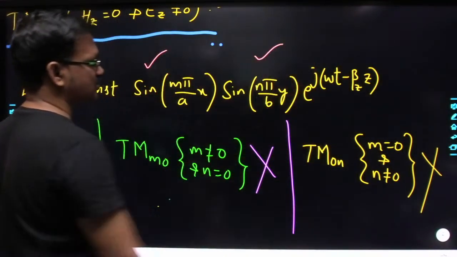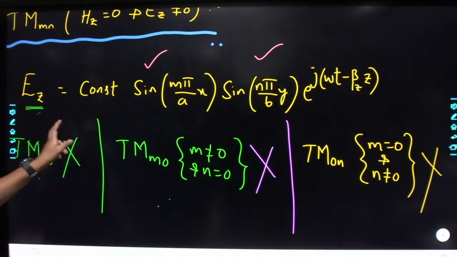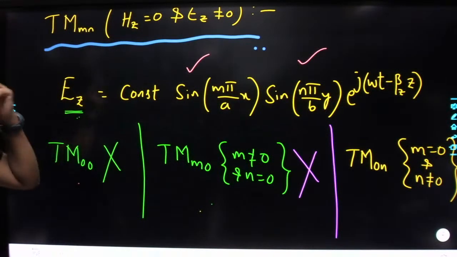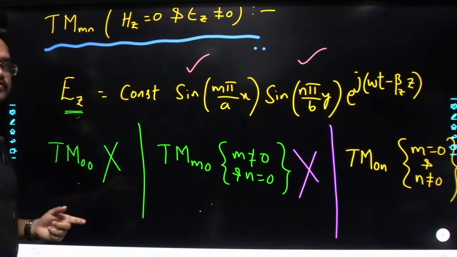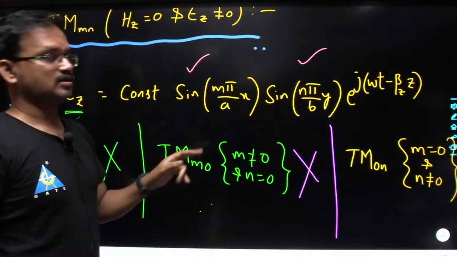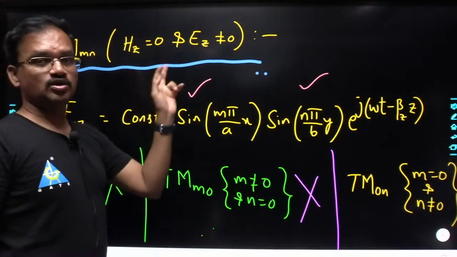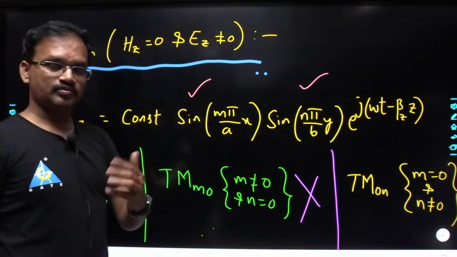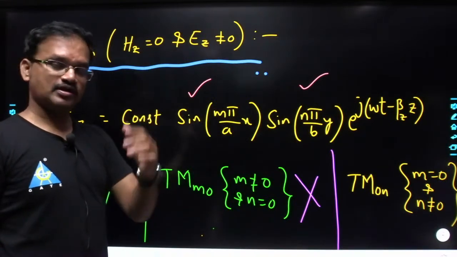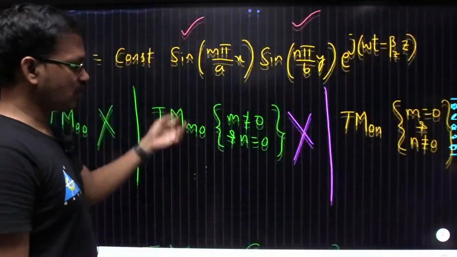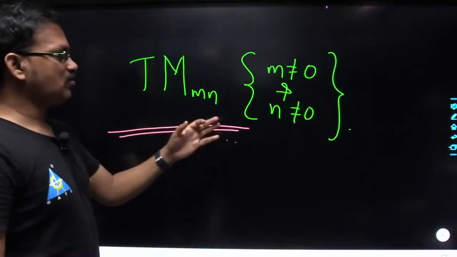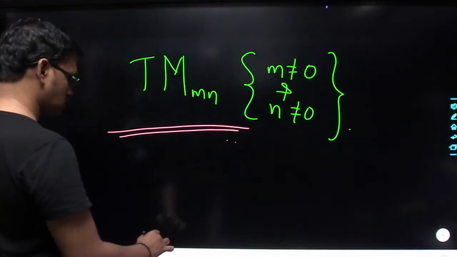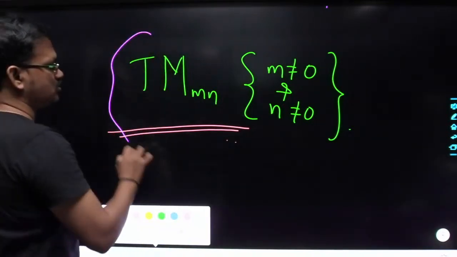So in that case Ez is going to be present. If Ez is present, then the transverse field components are also going to be present. Yes or no? Only Hz is becoming 0 but Ez is not equal to 0. In that case, all the other field components Ex, Ey, Hx, Hy will also be present. Understood? Okay. So for m not equal to 0 and n not equal to 0, these modes are possible.